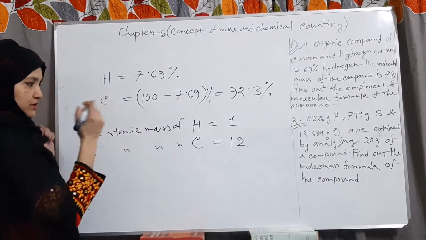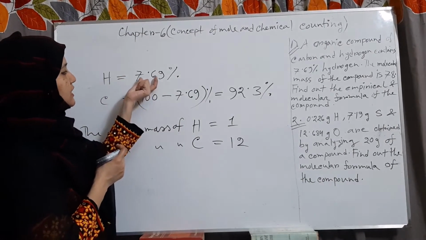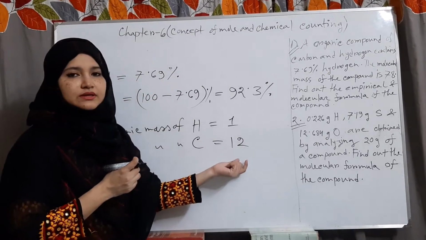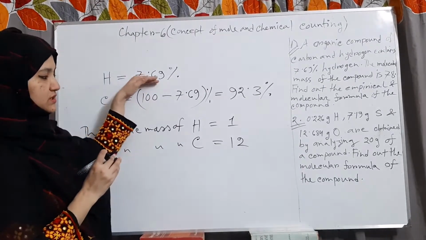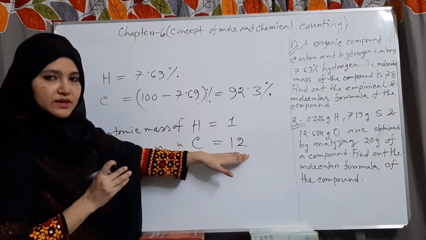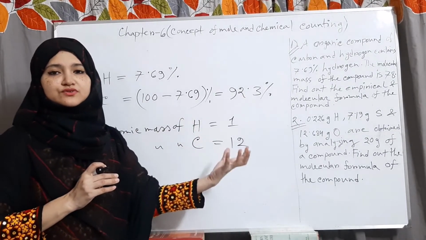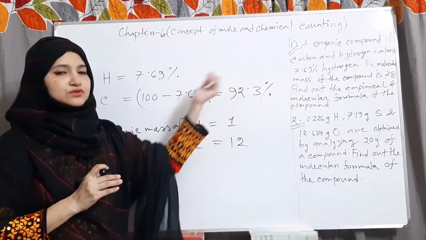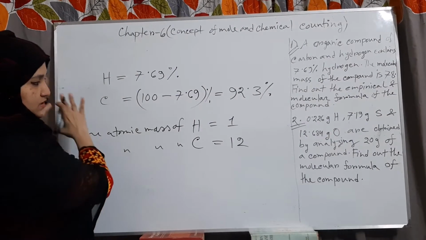For that we have to divide the percent composition by the atomic mass. If we divide percent composition by atomic mass, then we get the number of carbon or hydrogen atoms present in that compound. This was the first step.